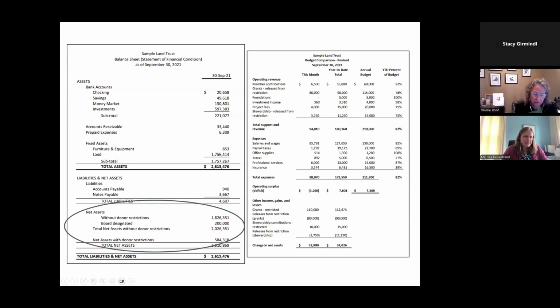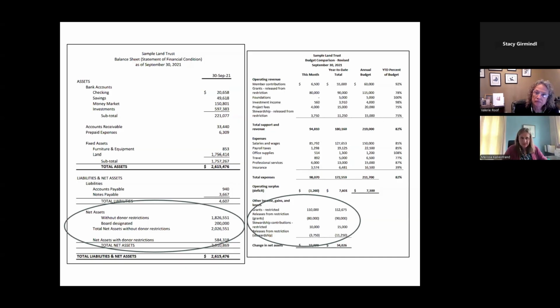The second piece has to do with how the organization is showing that they're receiving and releasing donor restricted funds. Again, you receive stewardship funds, $25,000. Those aren't available for operations, especially those purposed funds, until you've expended that and then released it.